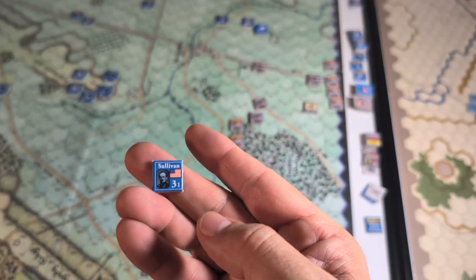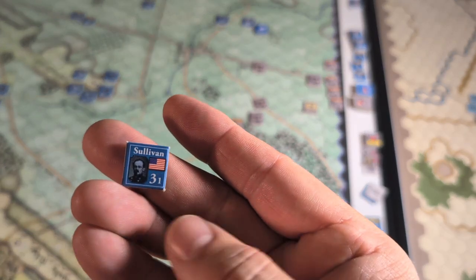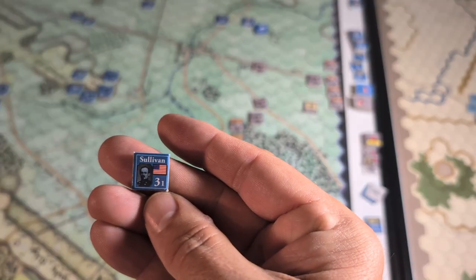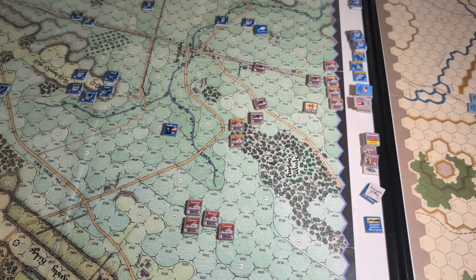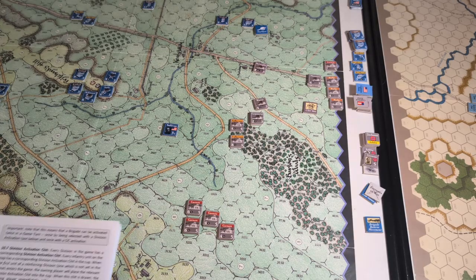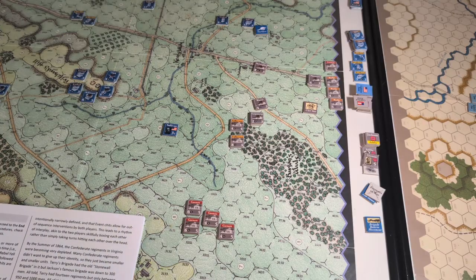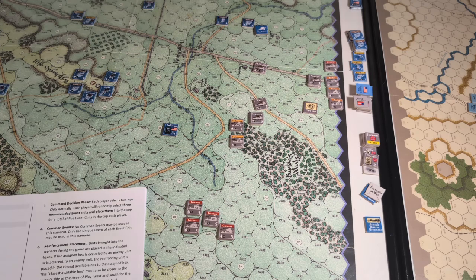Okay, so we've got Sullivan. Okay, now Sullivan has got, well, he's got 2 command numbers here. So I believe he only has the 1. He doesn't get the 3. Let's see.